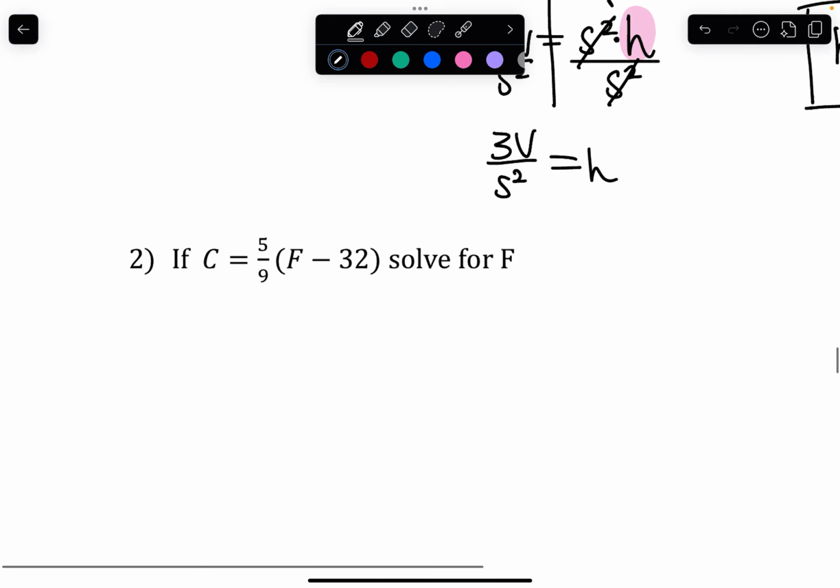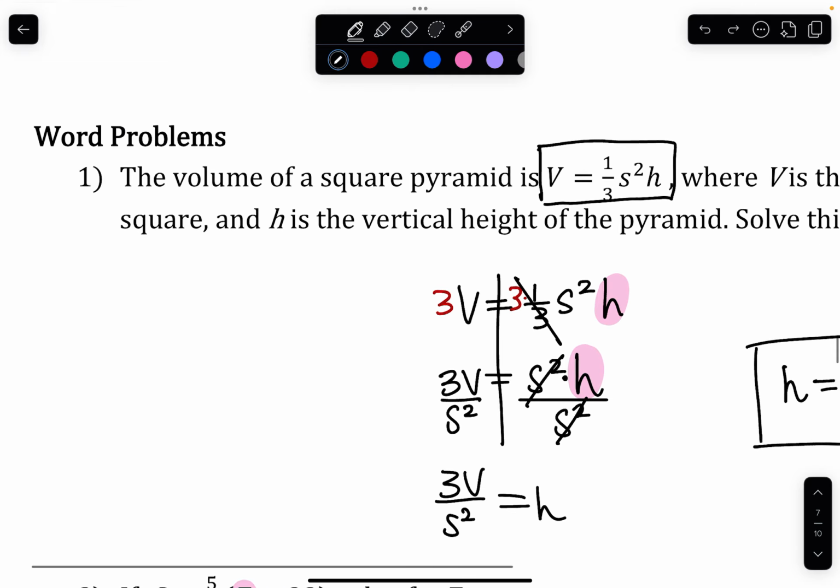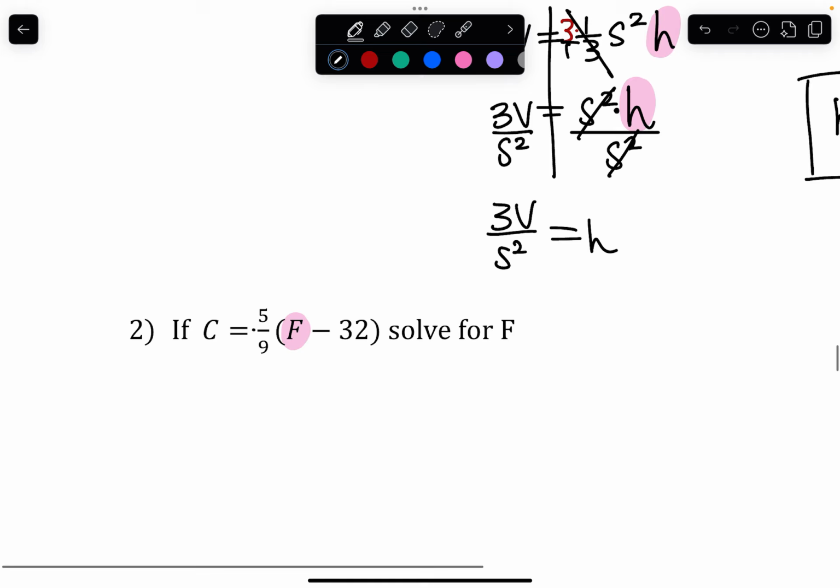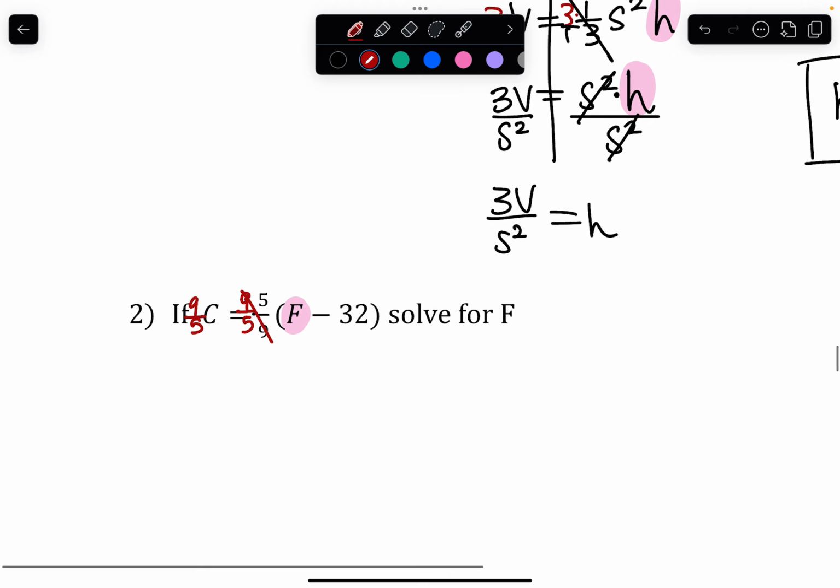It was a capital V, so try to preserve what notation they're using. Okay, here for the Celsius and Fahrenheit formula, we're solving for F. And so usually I would tell you to distribute the 5/9. But another way, just like I multiplied by 3, which is technically 3 over 1, we can multiply by the reciprocal, 9 over 5. And that would also cancel this 5/9.